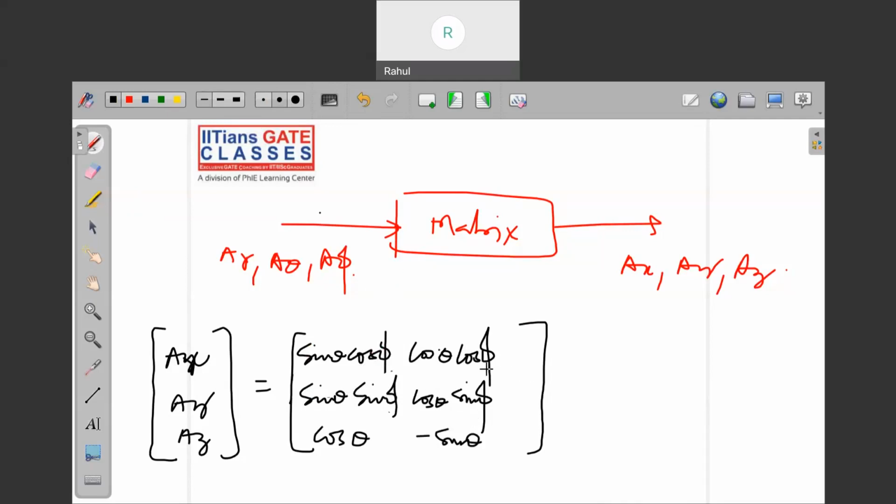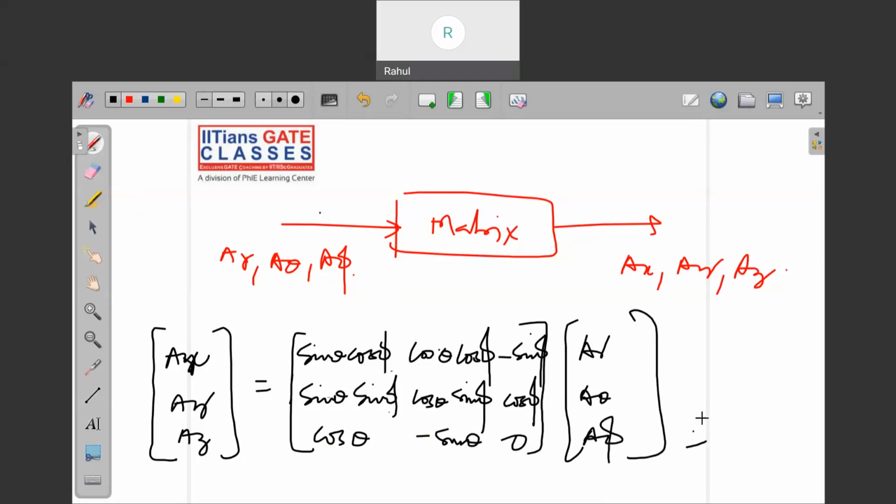Now differentiate with respect to phi and forget about the cos theta factor. So here it will be minus sine phi, and this will give you cos phi, and this will be 0. These are Ar, A theta, A phi. Very easy, right? Or take the transpose of the given matrix, the first matrix.